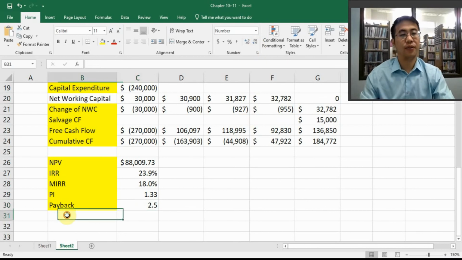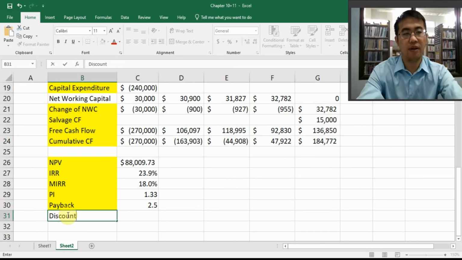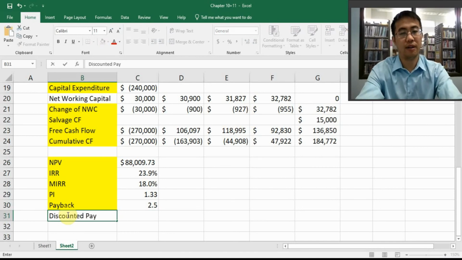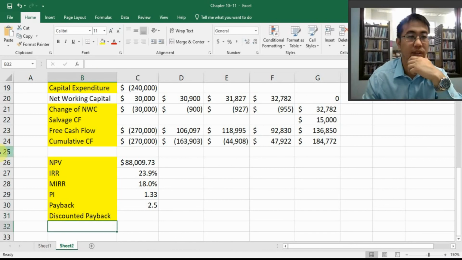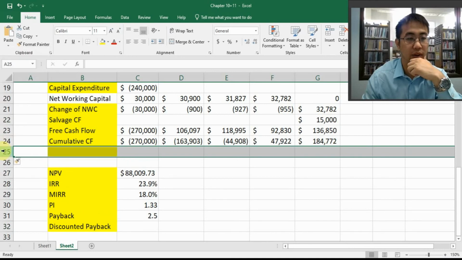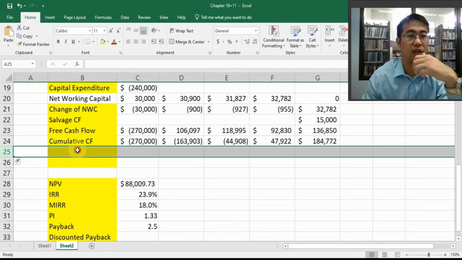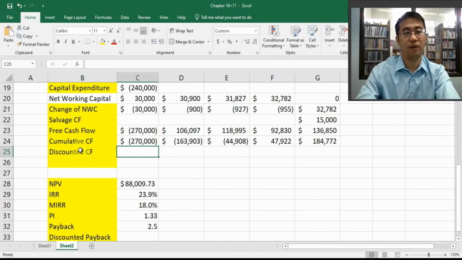All right, and to get a discounted payback period, it is a little bit more complicated, which requires you to get the discounted cash flows and accumulated discounted cash flows. So let's just put a discounted cash flow.